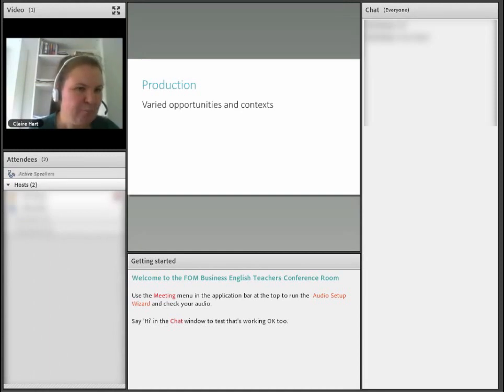But perhaps they are really lacking in confidence when it comes to interactional production activities. Maybe they can't actually interact with another speaker, although this is an important skill, of course. So I think it's important to give learners a lot of opportunities for practice and ensure that these are varied.